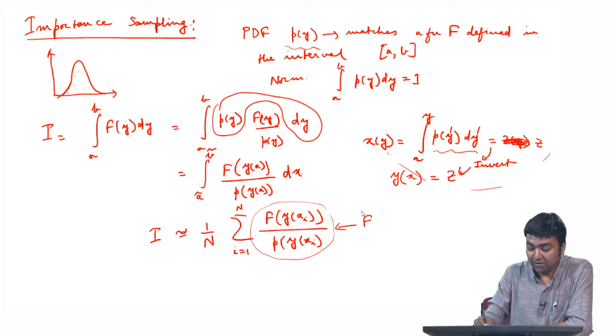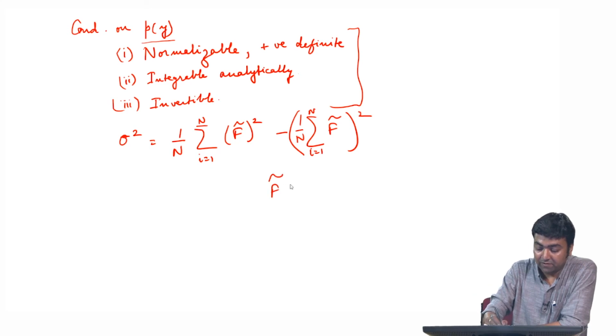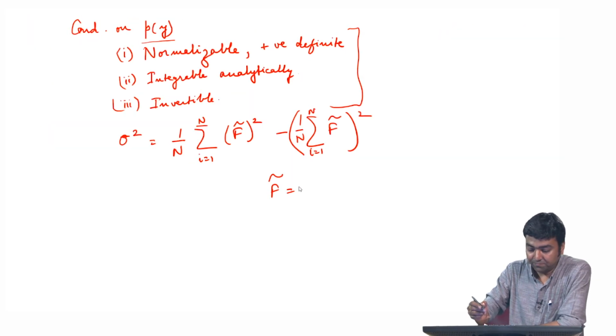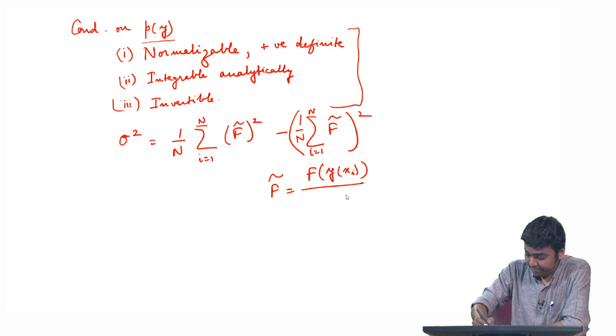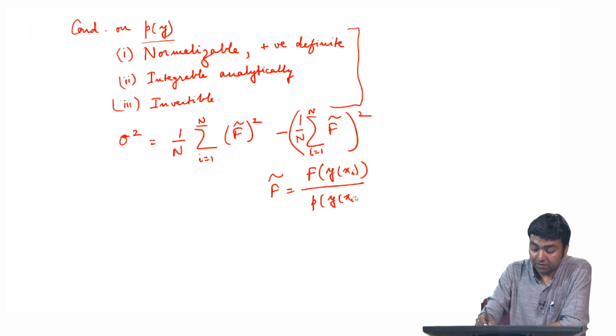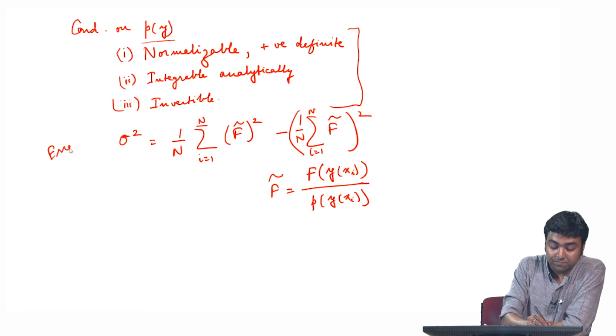I will write it here: f tilde is equal to f(y(x_i)) by p(y(x_i)). So, this is my error estimate.